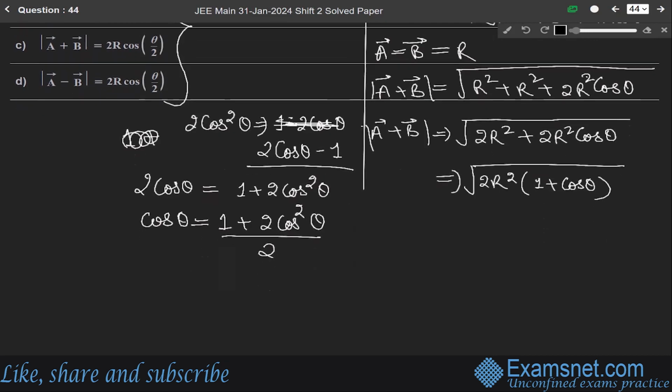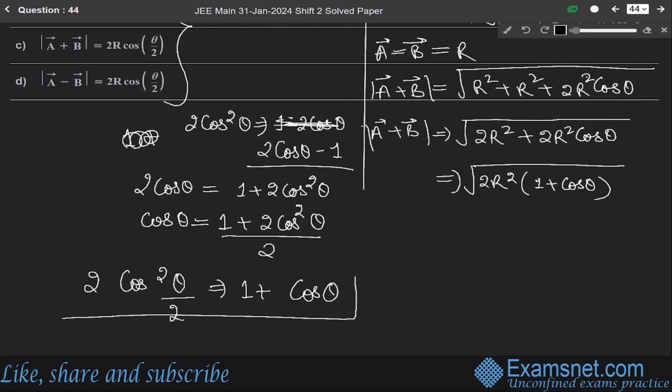Now, since we are having 1 plus cos theta, 2 cos square theta by 2 is equal to 1 plus cos theta.